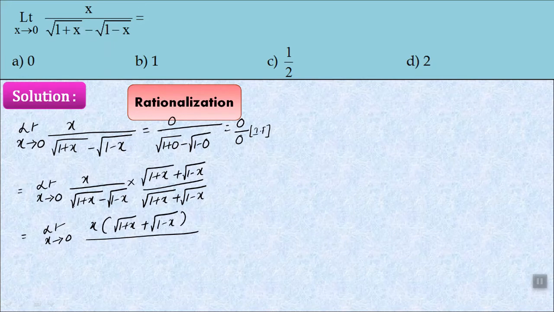So it can be written as a square, that is root of 1 plus x whole square, 1 plus x, minus b square, that is root of 1 minus x whole square, that is minus of 1 minus x.